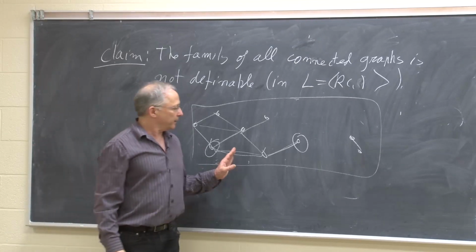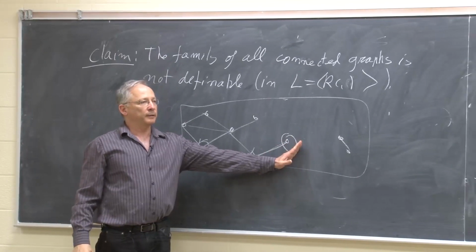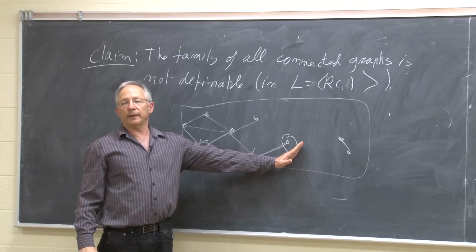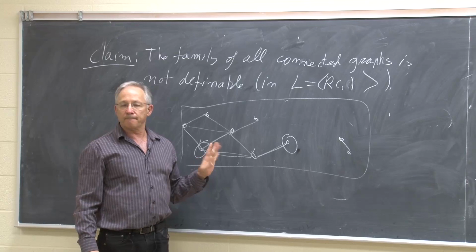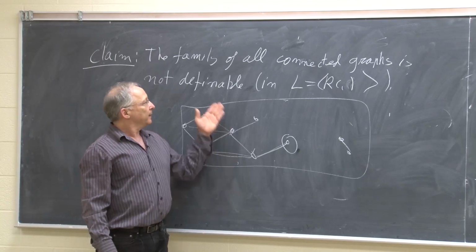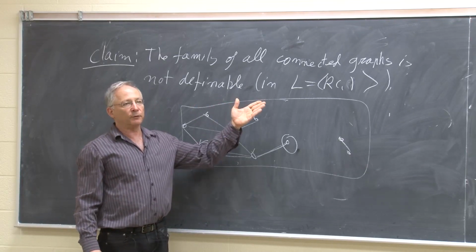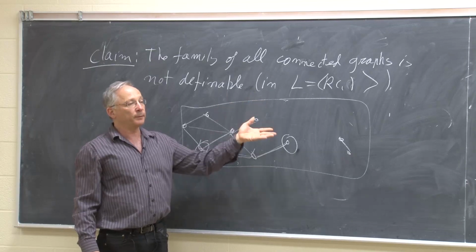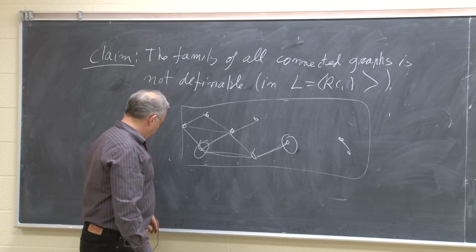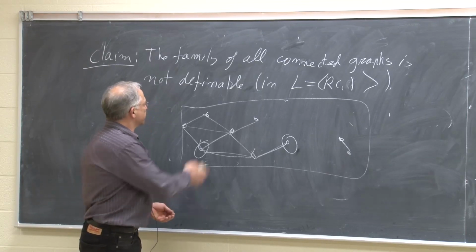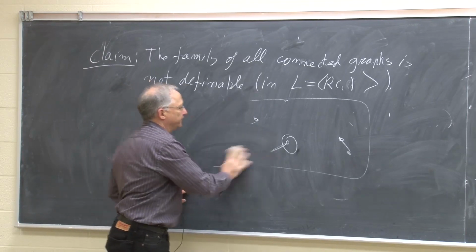So a graph is connected if every two vertices in the graph have a path between them. And I'm claiming we cannot write a set of formulas that will be satisfied only by connected graphs and not by non-connected graphs. And the proof will use a similar idea.